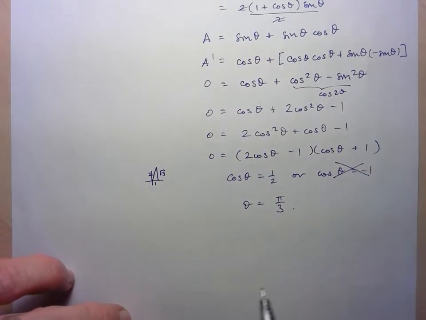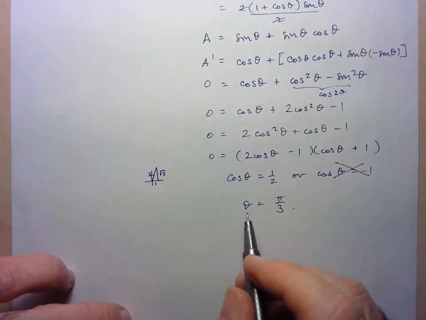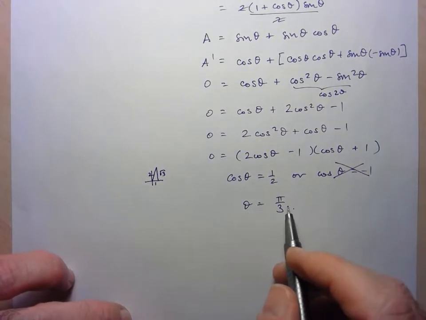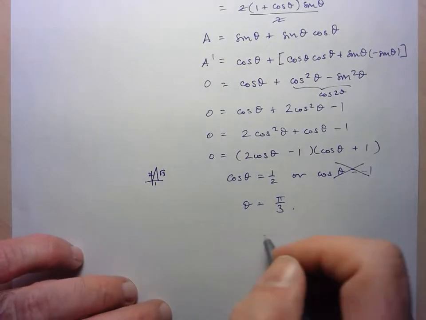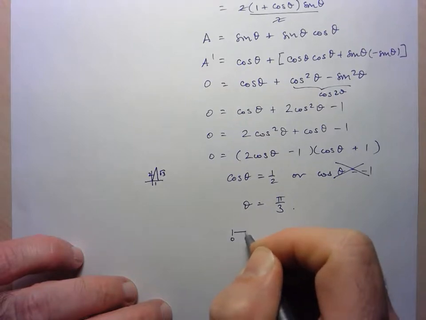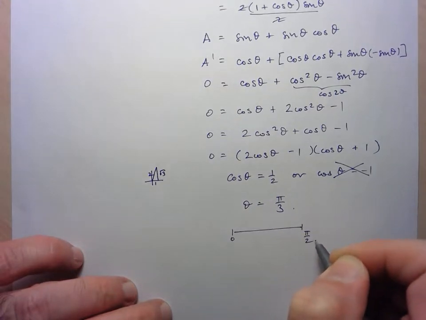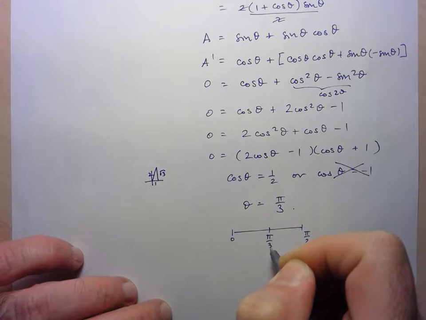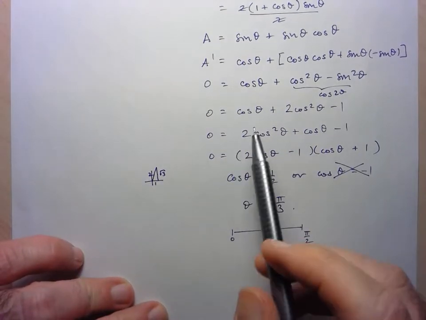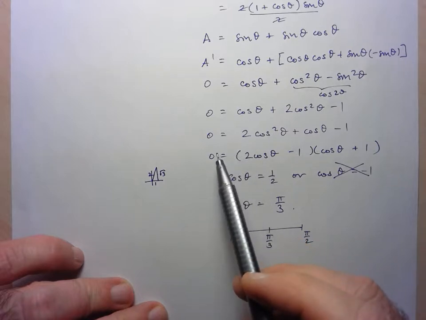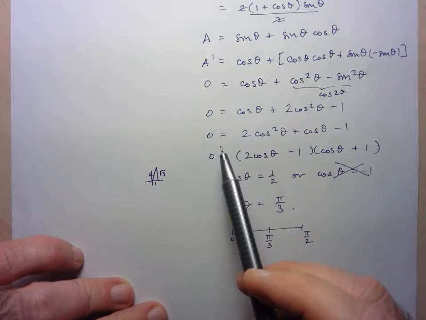Okay, but we have to check that this indeed gives us a maximum, because that's what we're looking for. So let's test that. We're only interested in 0 to pi over 2, so let's check pi over 3. Here, I can use any version of my derivative.